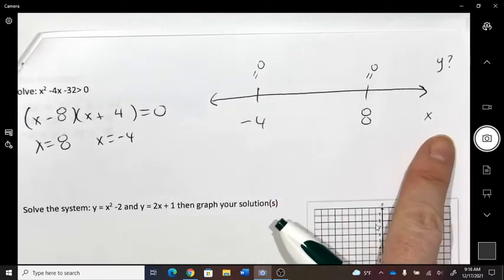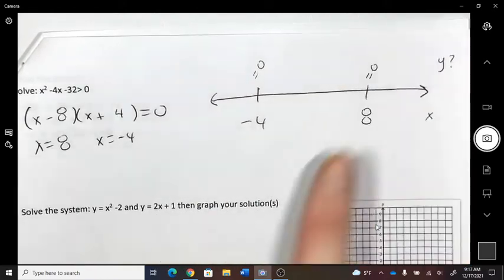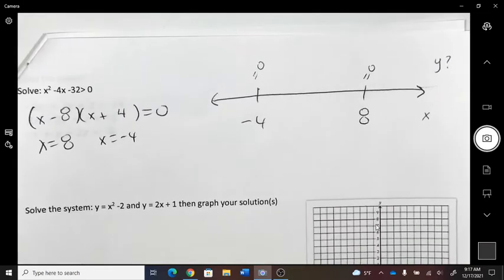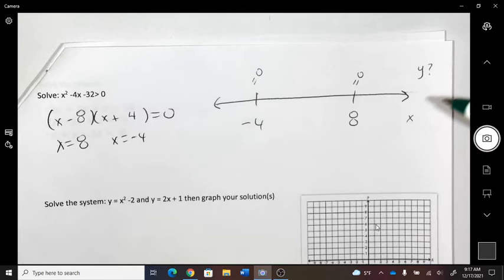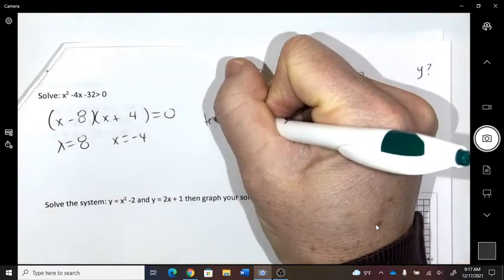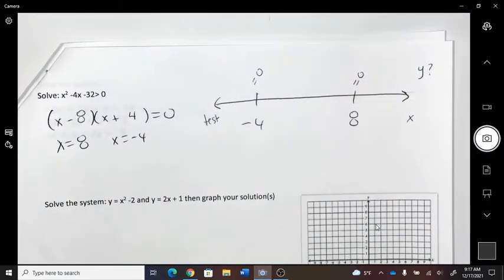So I'm going to pick x values, see what's happening with my y values. Okay, so at this x, y is 0. At this x, y is 0. Now let's figure out all the in-between intervals. So I'm going to test some x value. What's a good x value in that zone?